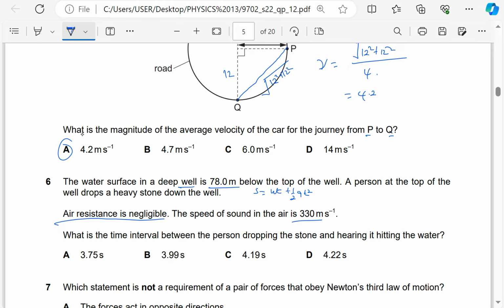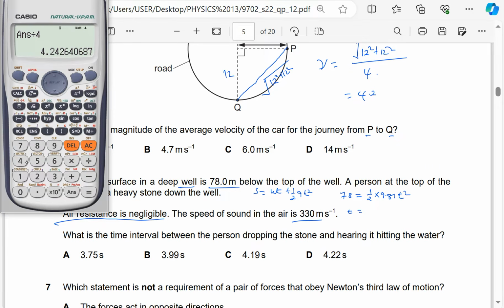So I would say 78 is going to be equal to, initial velocity is 0, so a half times 9.81 times t squared.